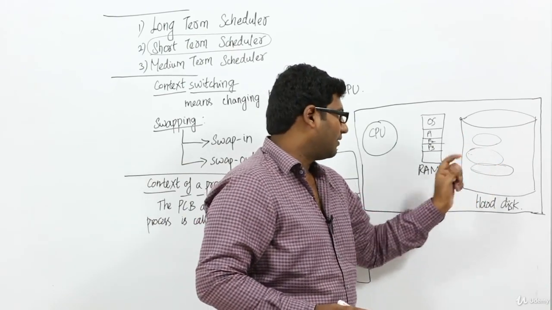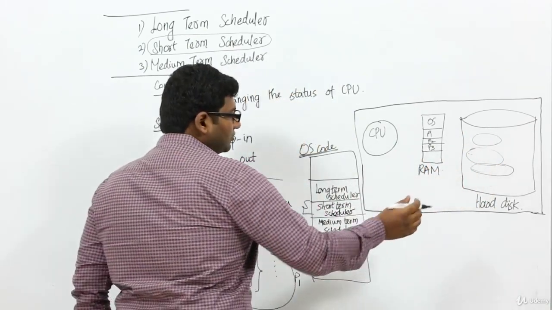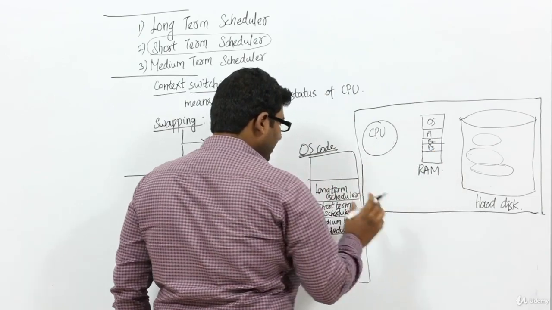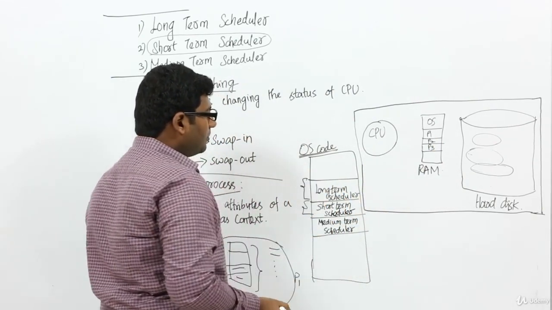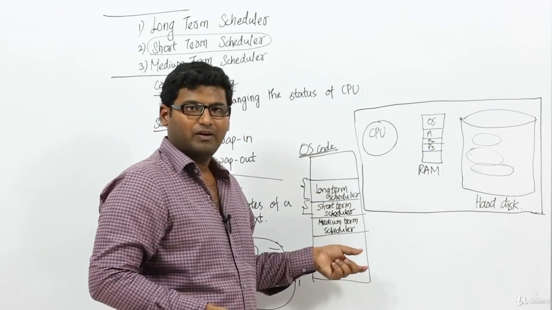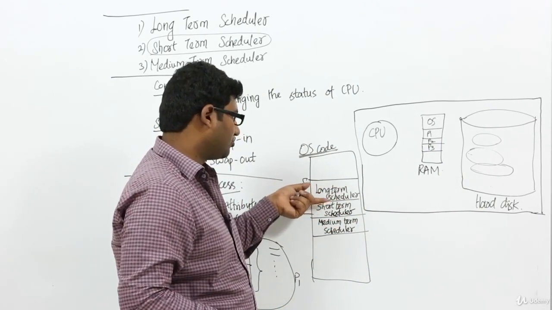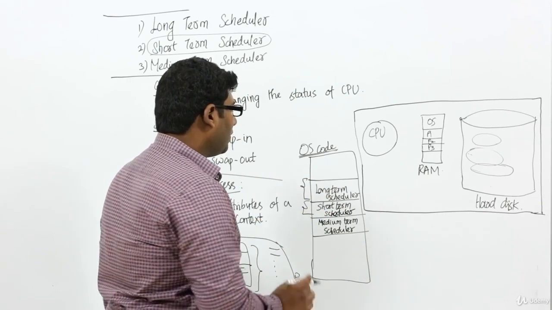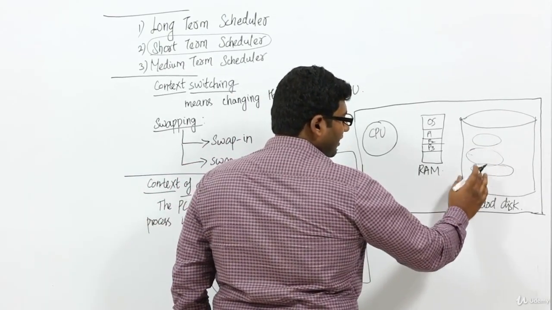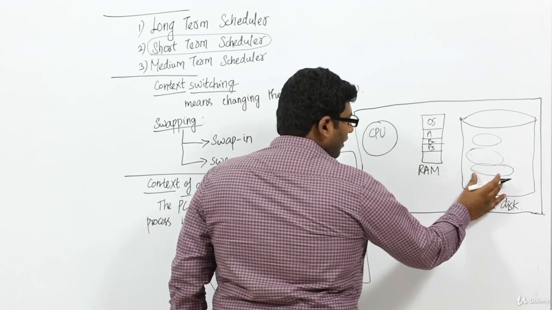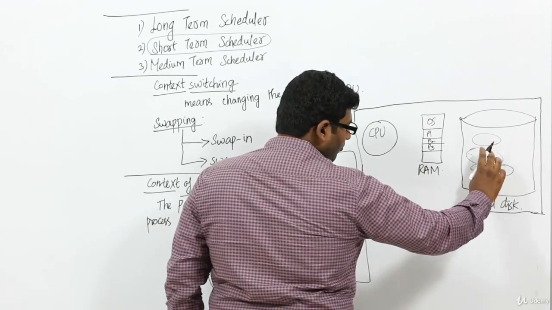Which processes should be moved into the RAM is decided by something called the long-term scheduler. The long-term scheduler is itself a program which will be part of our operating system's program. It says among the processes created inside the hard disk, which are the processes that have to be moved into the RAM.